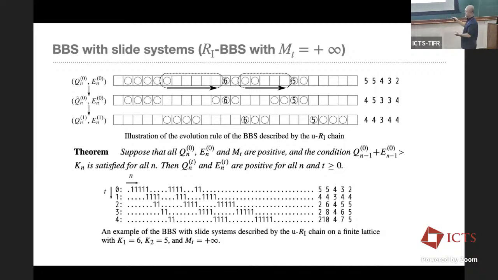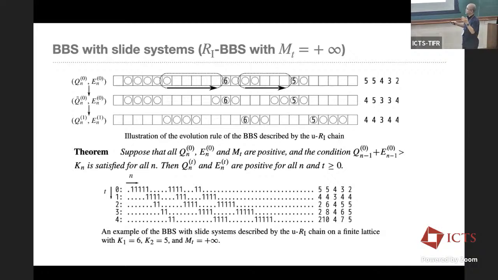So the third block has 5, and this 5 means let's consider the 5 empty boxes at the left-hand side, and in this range, if 2 balls have appeared, then these 2 balls are pulled into the third block. This is the first step.